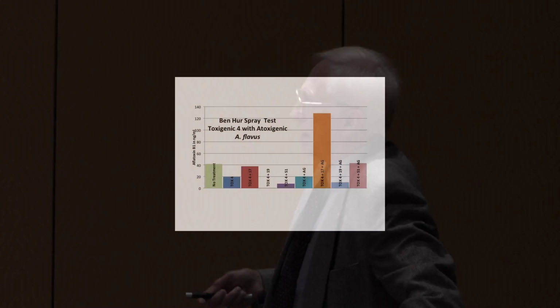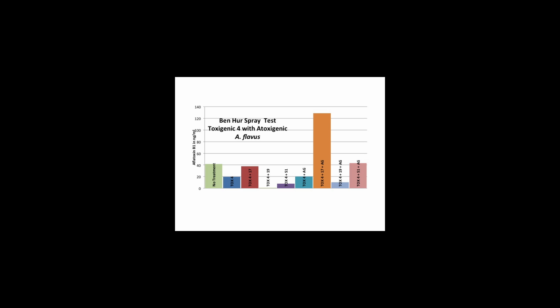When we did that, Tox 4 gave us a 20 parts per billion contamination. There's a lot of variability in this. Tox 4 plus 19 was very effective. Tox 4 plus 51 was fairly effective. Tox 4 and Aflatoxin wasn't any different than Tox 4 alone.